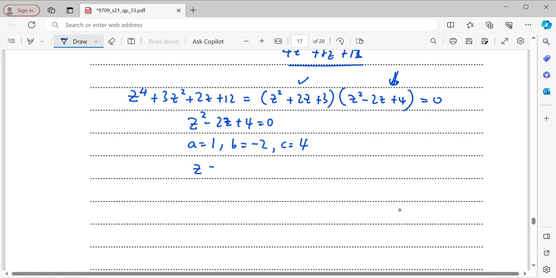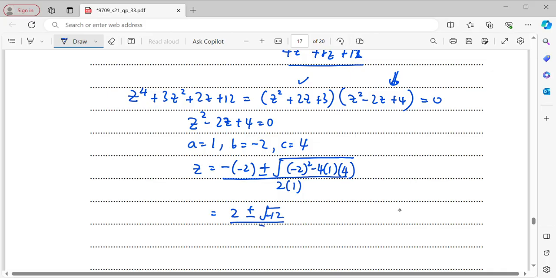It will be z equals to minus b plus minus square root of b squared minus 4ac over 2a. Then this is going to be 2 plus minus square root, square of negative 2 is 4, 4 minus 16, it will be square root of negative 12 over 2. So 12 is 4 times 3.